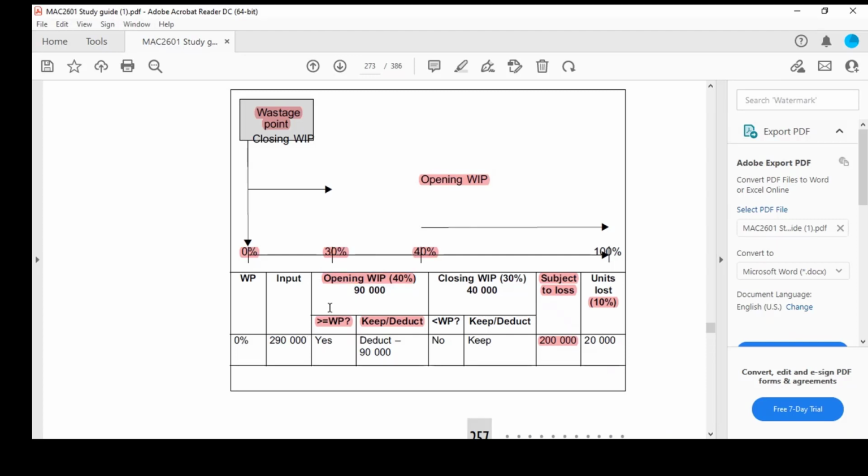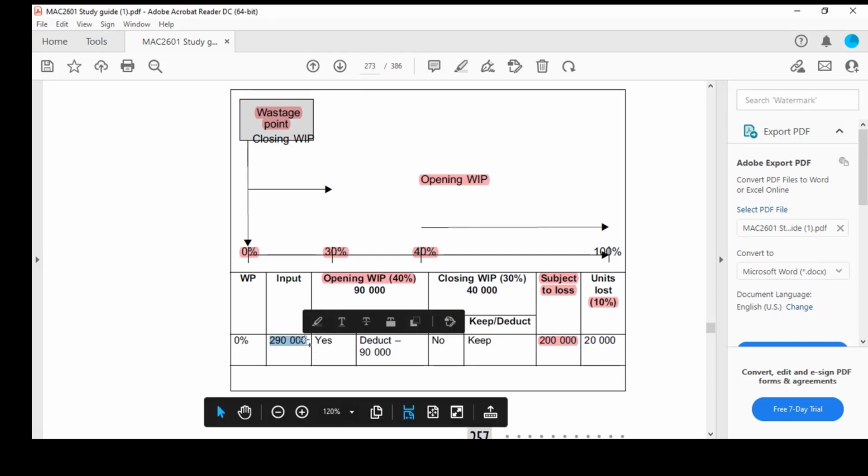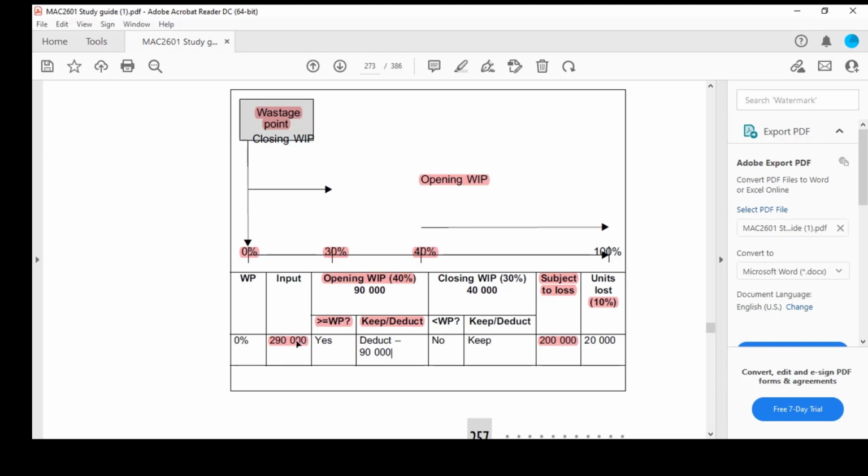Your opening WIP is 40% complete. Is it greater than this 0% where you were grinding them? Yes, it is. Then they ask, do you keep or deduct it from your input, which is 290,000 beans? I deduct it. So it's 290,000 minus the 90,000.